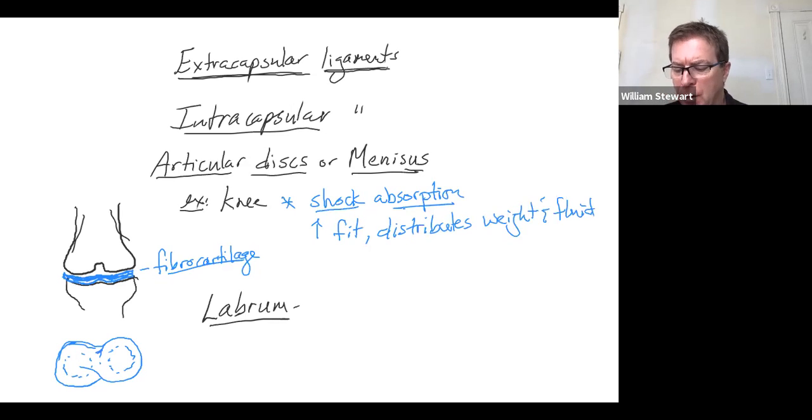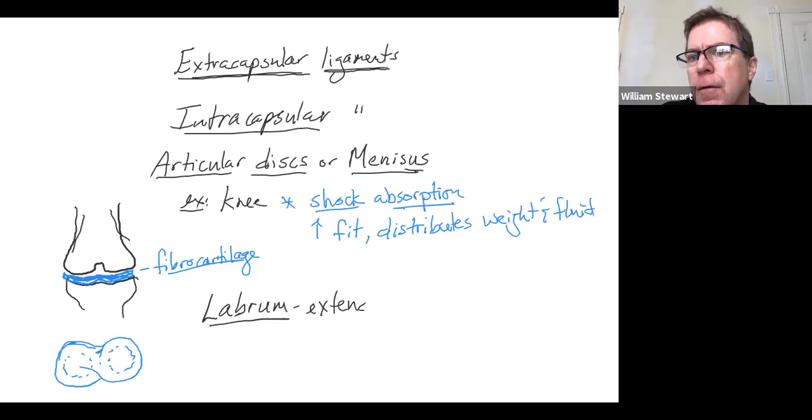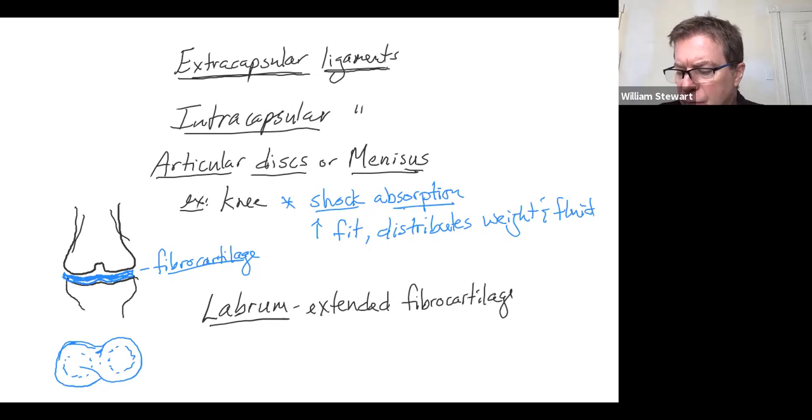L-A-B-R-U-M, it's pronounced labrum. This is extended fibrocartilage. It's kind of a lip. It extends past the joint.